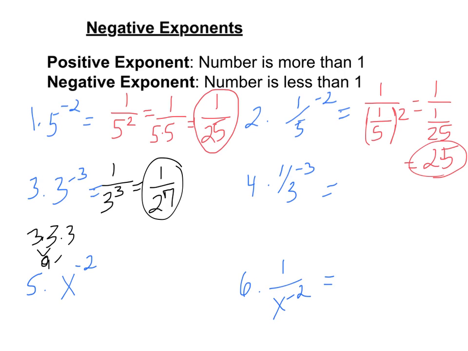On the flip side of that, if we have 1/3 to the negative third power, we have 1 divided by 1/3 to the third power, which will then be 1 over 1 over 27, which will then be 27. So you should see a relationship here between numbers 1 and 2 versus 3 and 4.